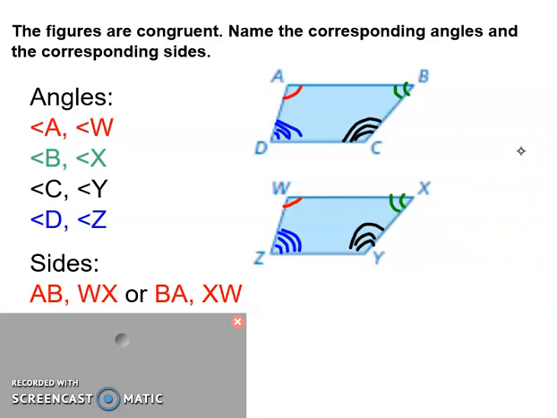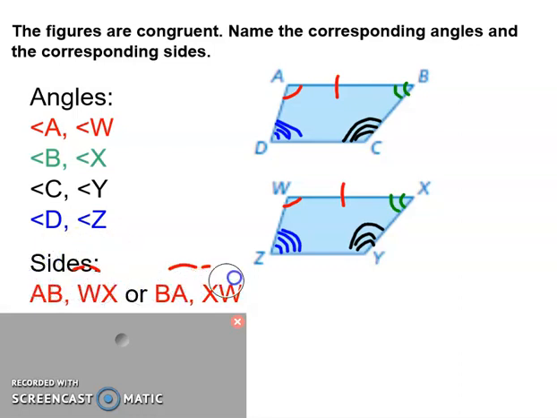So when I say sides AB and WX, that's right there. Or I can say BA and XW. Notice how the order is important. A goes to W, B goes to X. B goes to X, A goes to W. Okay?